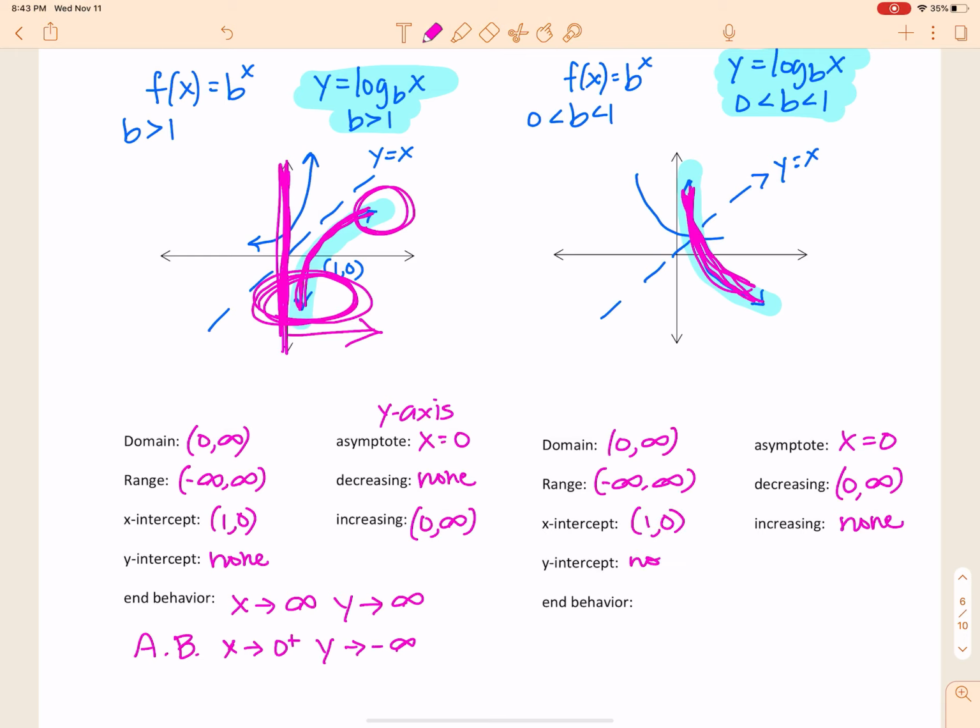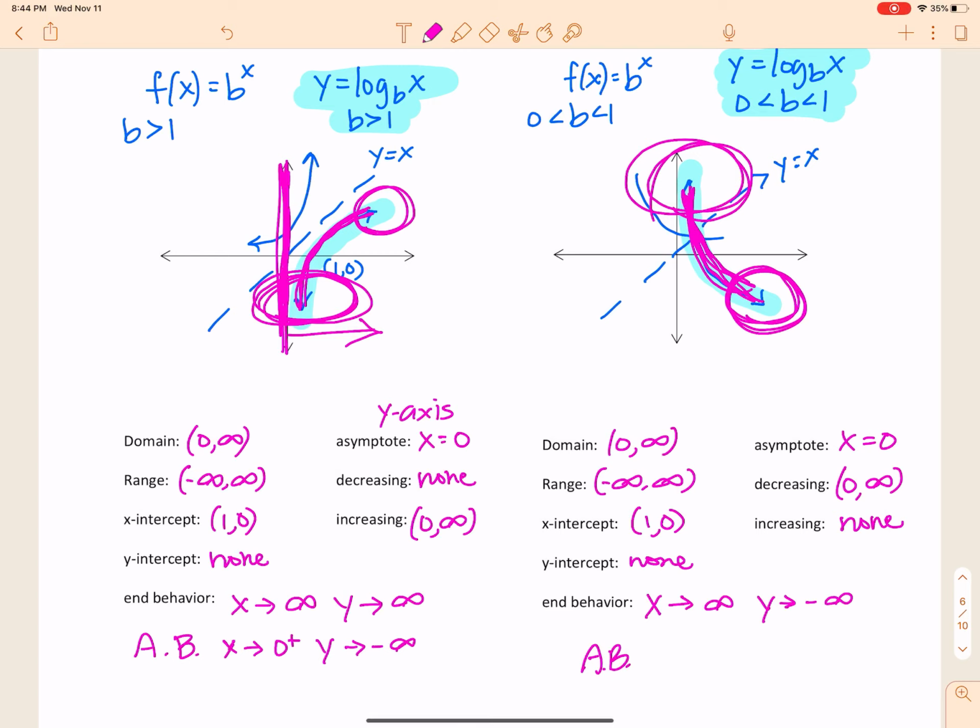The y-intercept does not exist. And end behavior is right here. So as x approaches positive infinity, y approaches negative infinity. And then this up here is asymptotic behavior. I'm going to call it AB because I don't want to write out asymptotic. So as x approaches 0 from the positive direction, y approaches positive infinity.